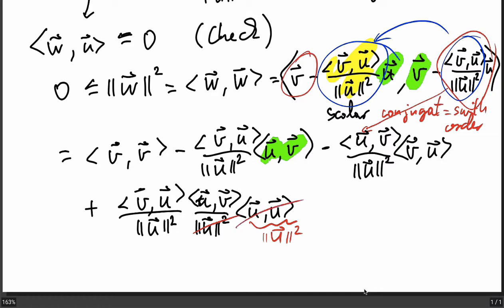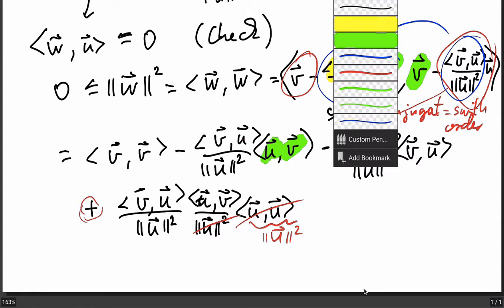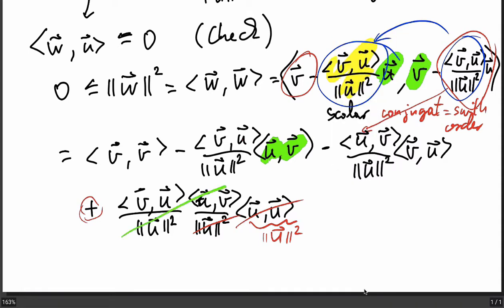And then we have here plus V inner product U, U inner product V, and we have also two of these minuses as V inner product U, U inner product V, so we can cancel this with this.